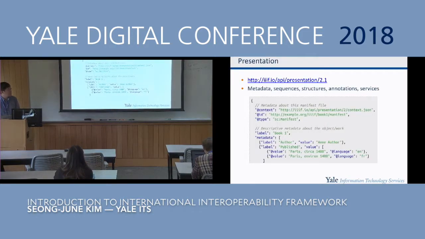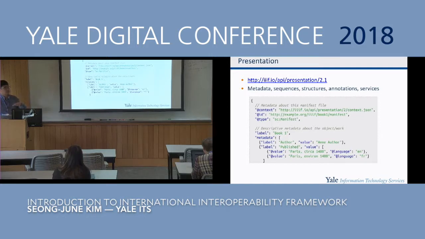The presentation API side all revolves around the annotation and manifest definitions, which contain again the ID of the artifact, the metadata and so on: what sequences of images should be displayed, what kind of annotations are defined, or from which server annotations or other sets of data have to be retrieved.